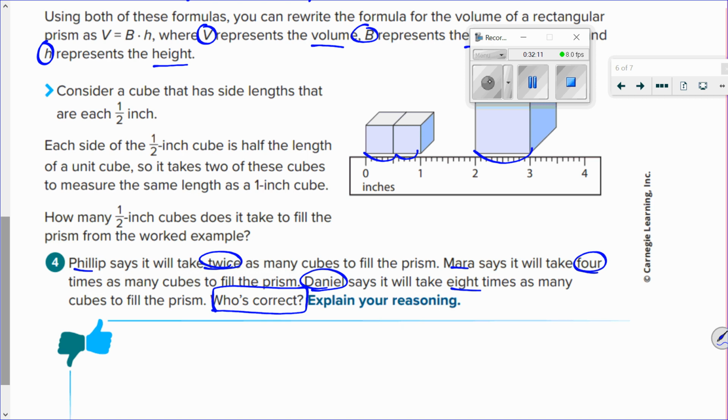Now I need to make this unit cube. So it takes 2 to go through the front, correct? Everybody good? It's also going to take 2 to get the depth, correct? It's also going to take 2 of them to get the height, correct? Is everybody good so far?